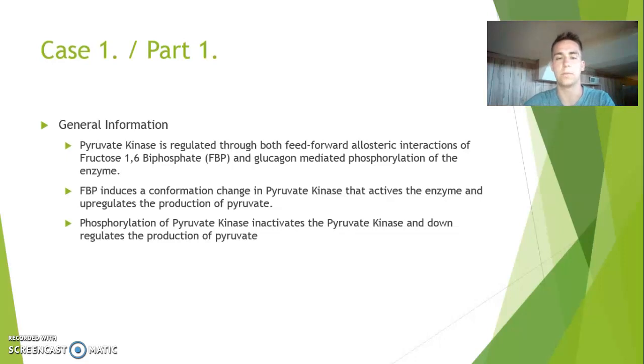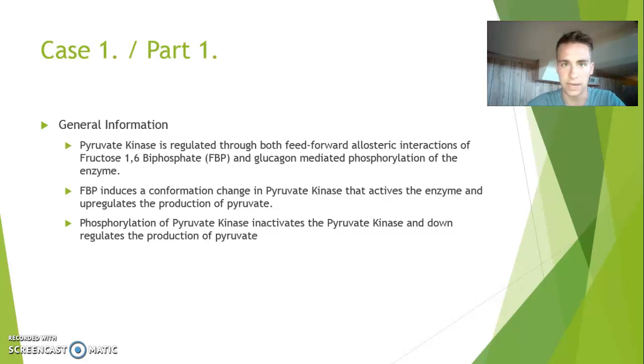The inhibitor, which is the phosphorylation of pyruvate kinase, occurs whenever the body does have a lot of glucose present, and that glucose has been broken down, and it essentially doesn't need a lot of energy.